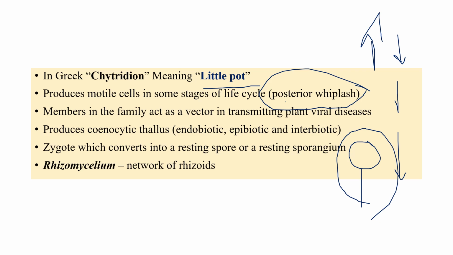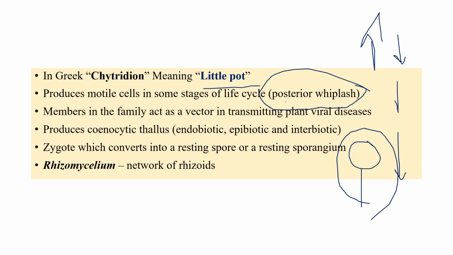There we discussed Chytridiomycota, Hyphochytridiomycota, Plasmodiophoromycota, Oomycota, the kind of zoospores, the motile spores they produce, and the kind of flagellation. Just take a look at it.